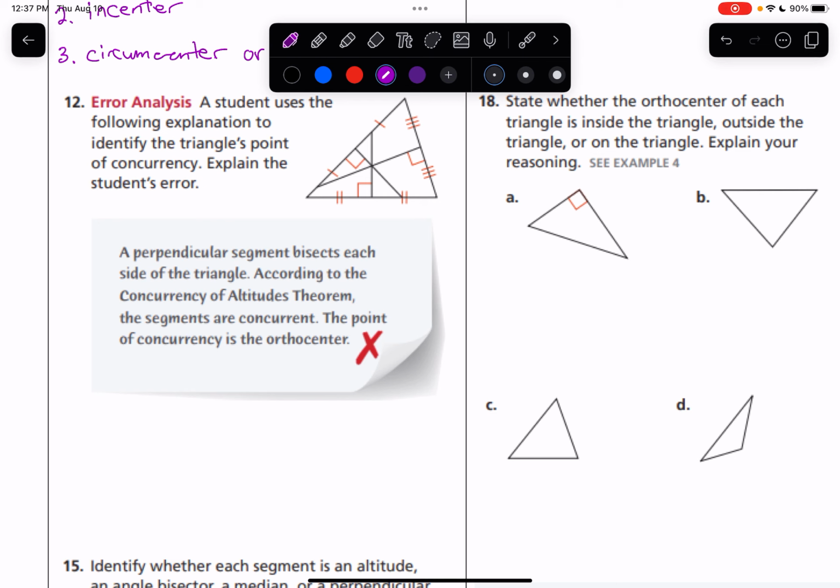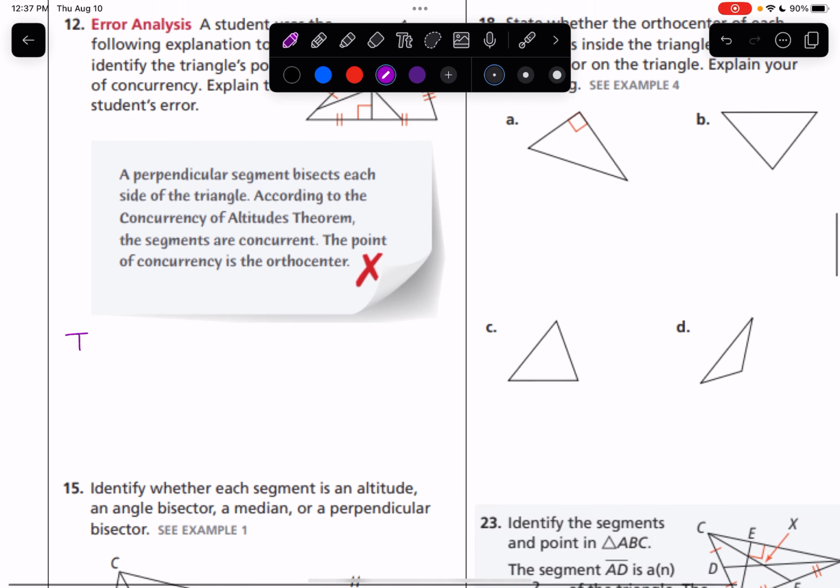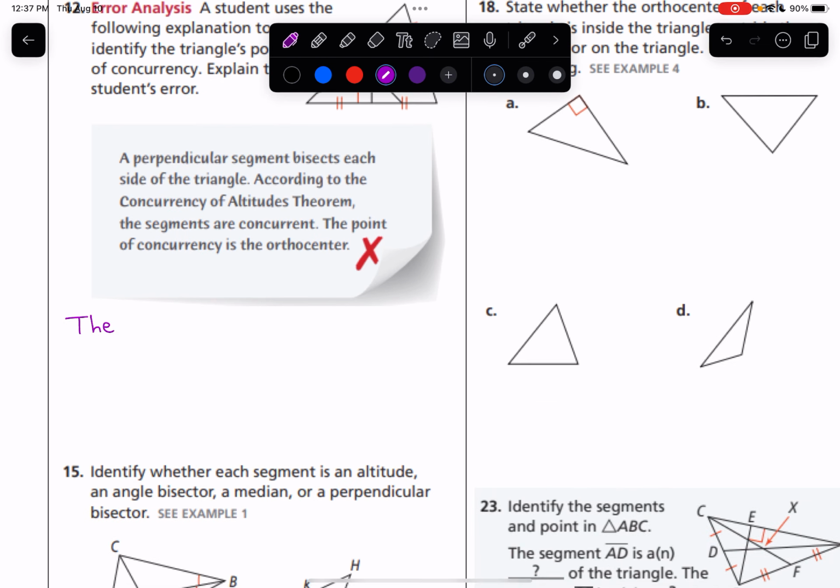So let's write in here, the perpendicular segments shown are not altitudes.